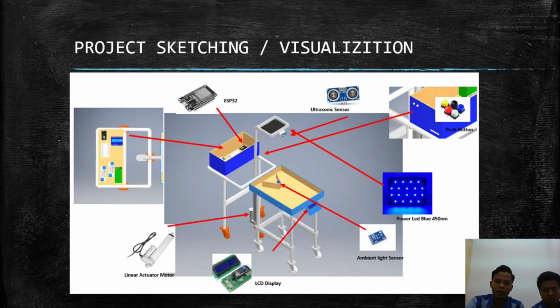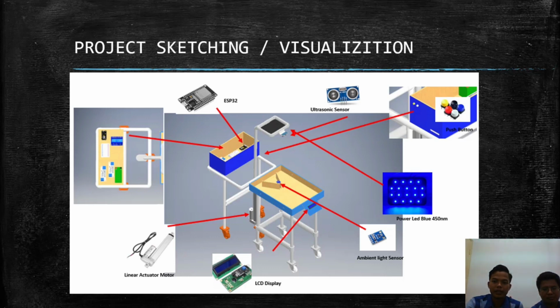We can see the box of the ESP32 with a breadboard, and the LED driver with a 12 volt battery to support the linear actuator. The LCD display we place at the front of the baby's box to make sure the user can see the data to make a decision.